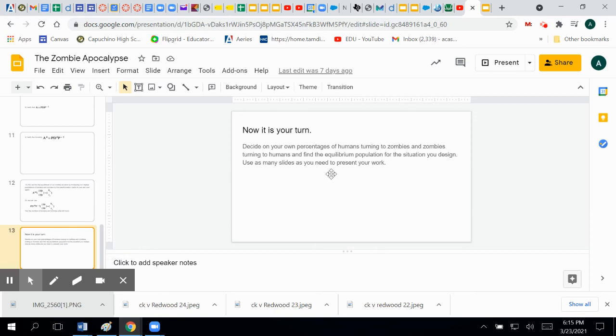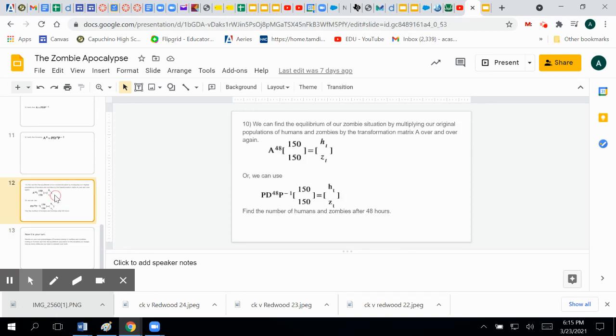You're making up your own zombie human apocalypse, and I'll let you decide which way you're going to solve it. Are you going to go for the estimate? This will get you an estimate if you just take your transformation matrix to a high exponent, or are you going to get an exact answer and find the exact equilibrium values by finding the eigenvectors? That was your choice.